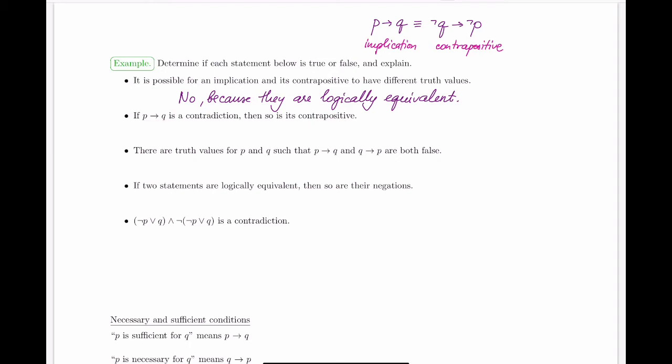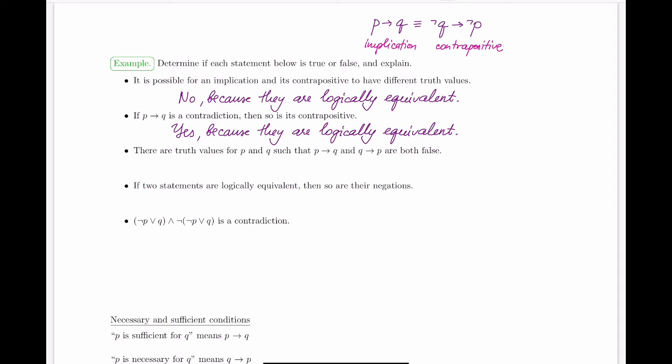Well, as we've just discussed, the implication and its contrapositive are logically equivalent, which means that if one of them is false, then so is the other. So I literally have the exact same justification as in the question above, but now a different conclusion. Yes, if one has a truth value that is false, then so will the other.